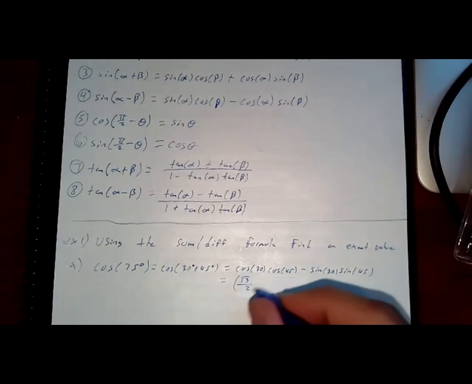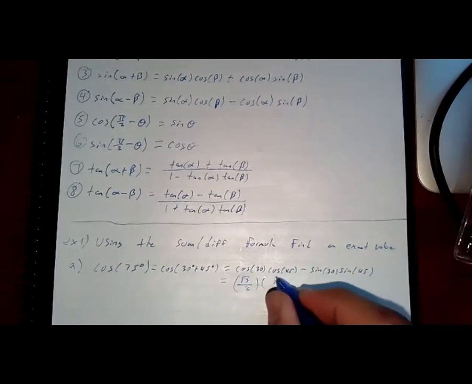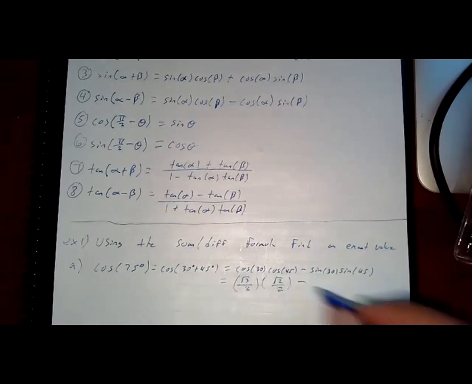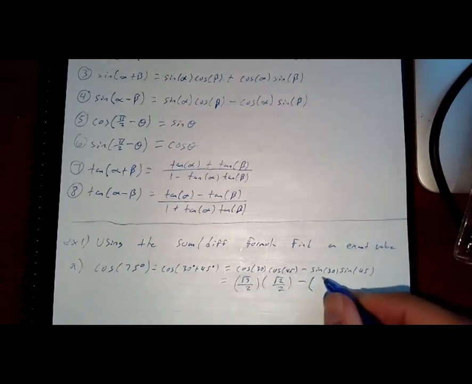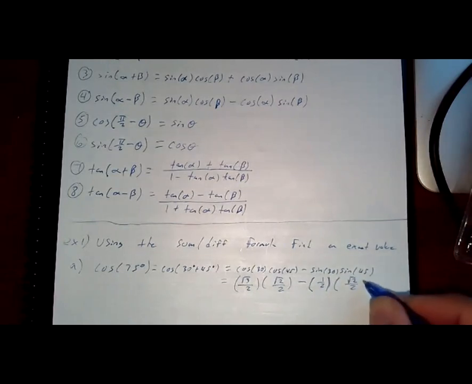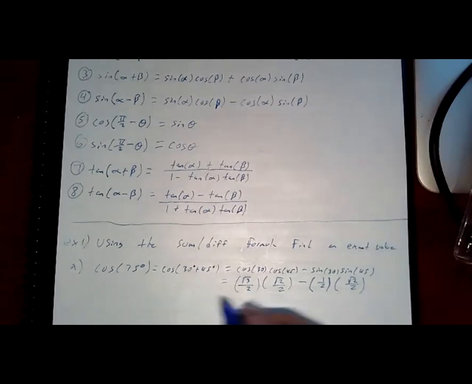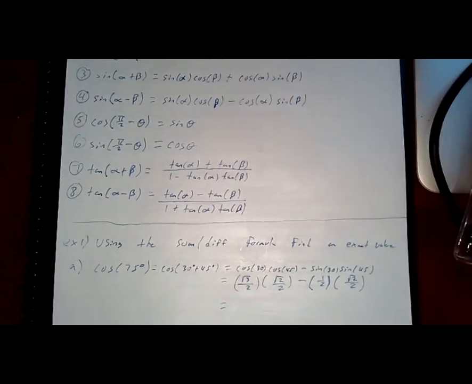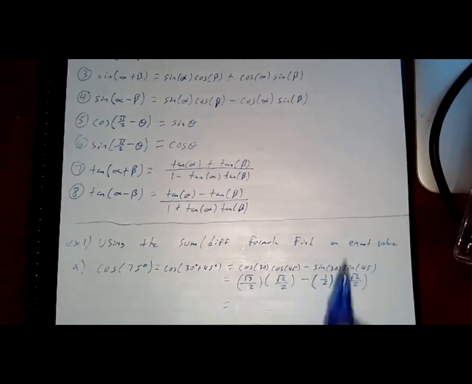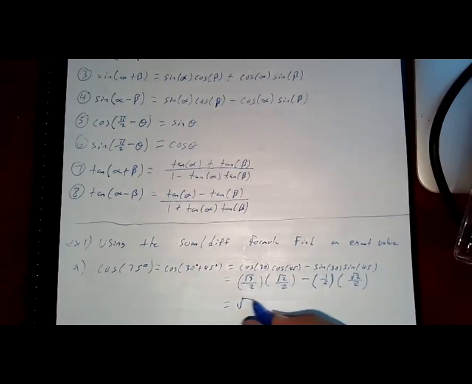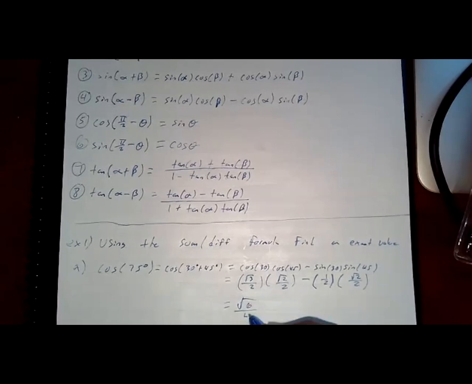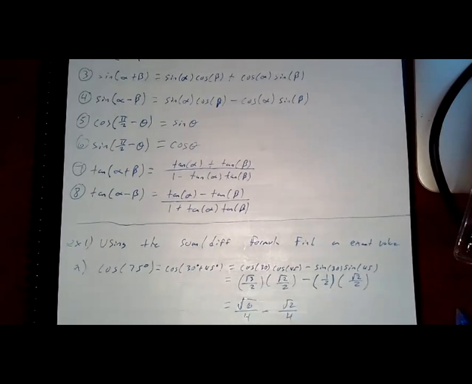Times cosine 45, square root 2 over 2, minus sine of 30, 1/2 times sine 45. So now you have an exact answer once you multiply these guys. Root 3 times root 2 is root 6 over 2 times 2, minus 1/2 times root 2 over 2, that'll be root 2 over 4. And that does not get any prettier than this.